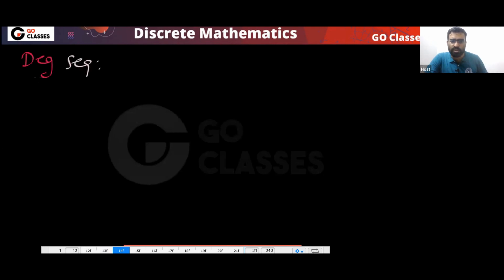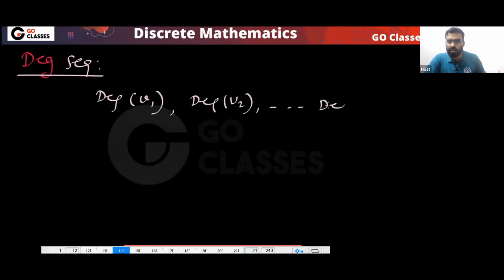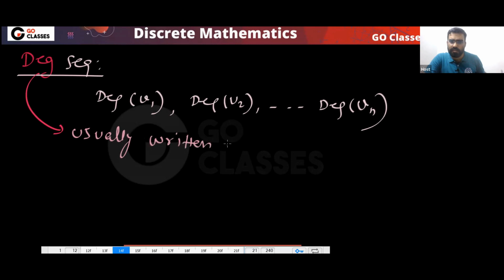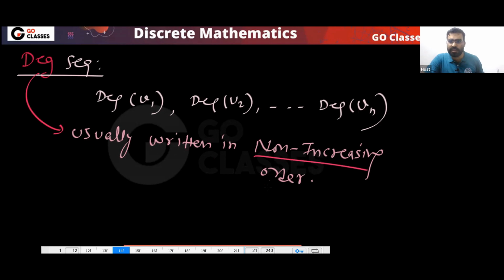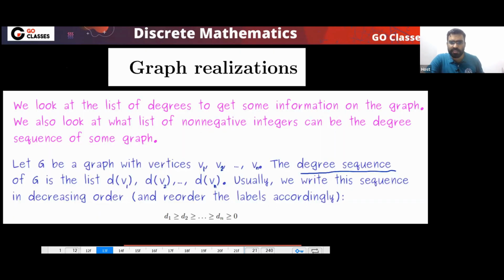The degree sequence is the sequence of degrees: degree of vertex 1, degree of vertex 2, and so on, up to degree of vertex n. And we usually write it in non-increasing order, that is, in decreasing order. This is the definition of degree sequence.